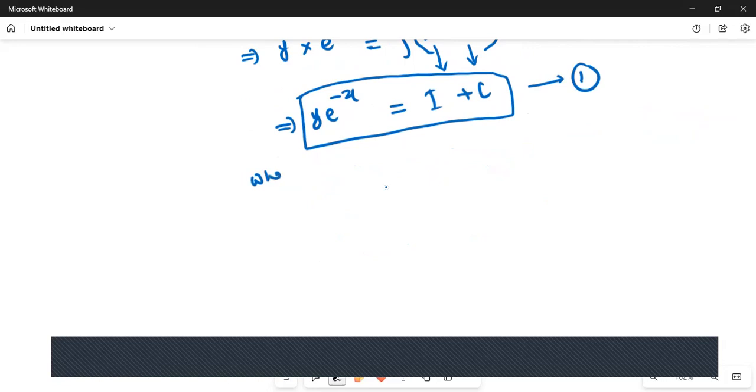Where I is equal to, what is your I? Integration of x e power minus x dx. So this you have to integrate.